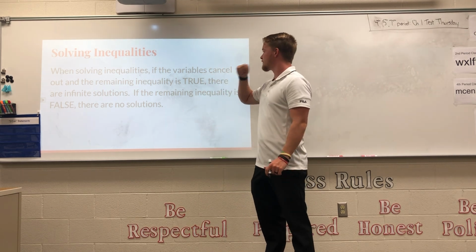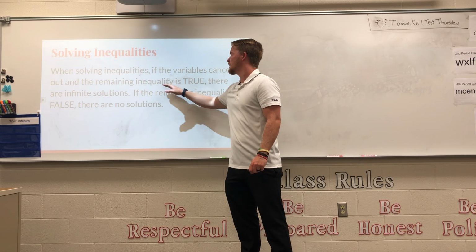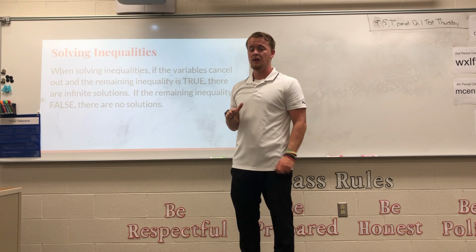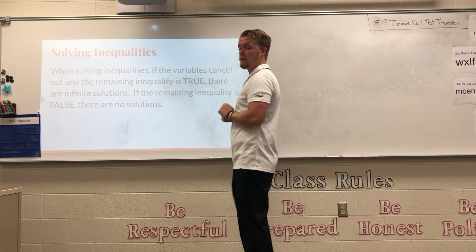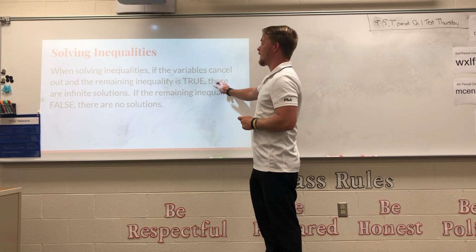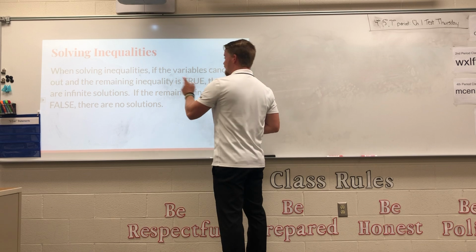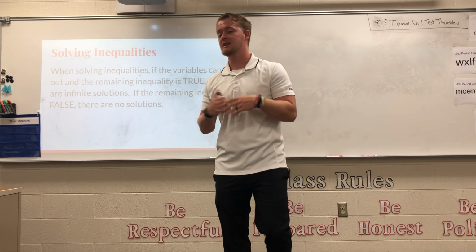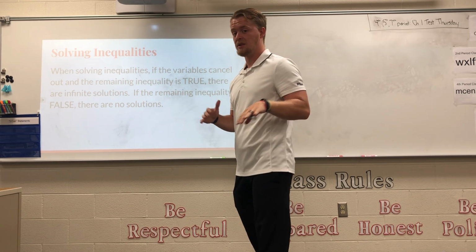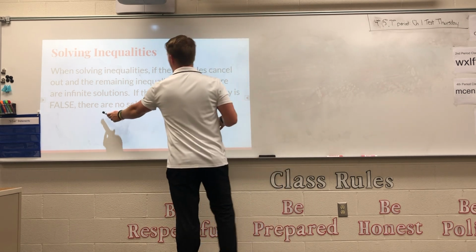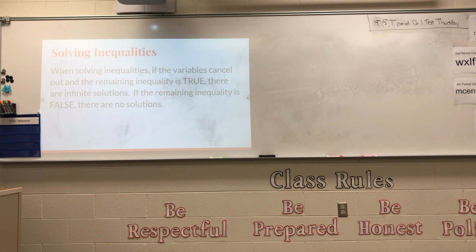If you're solving inequalities and the variables cancel out, and the remaining inequality is true, like if all you have left is 4 is greater than 3, that's true. 4 is greater than 3. There are infinite solutions. Okay? Also, if the remaining inequality is false, so if what's left isn't true, like if you end up with 2 is less than 0, that's not true. So if that's the case, there are no solutions. That would be your answer if those happen to pop up.